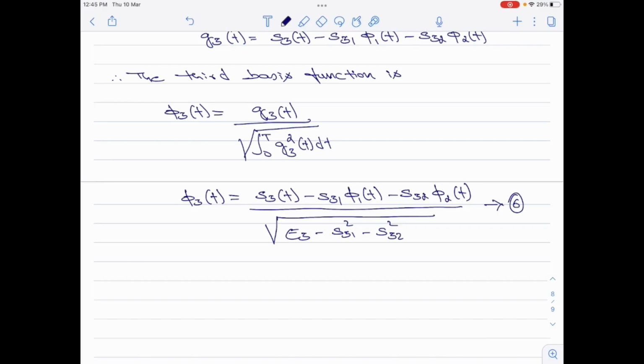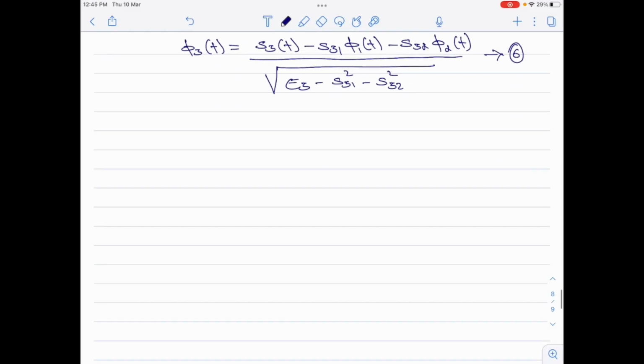Now, looking into equation 6, we identify there are 3 unknowns, which are E3, which is the energy of signal S3 of t, then we have S31 and S32. I am going to compute each of them now. Starting with E3. E3 is given by the expression integral 0 to capital T S3 square of t dt.